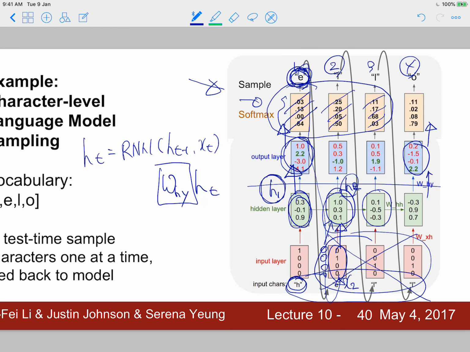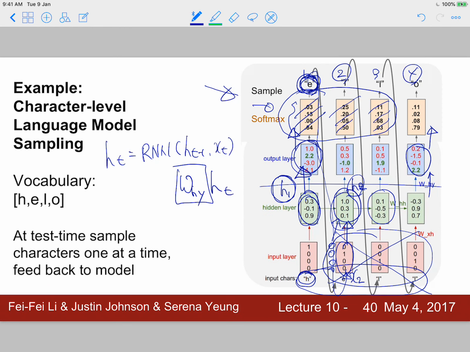Okay, so this is the test time scenario in which we use this model. In the case of training time, let's forget about this one-to-many or many-to-many stuff, and just discuss this character-level language modeling task itself.